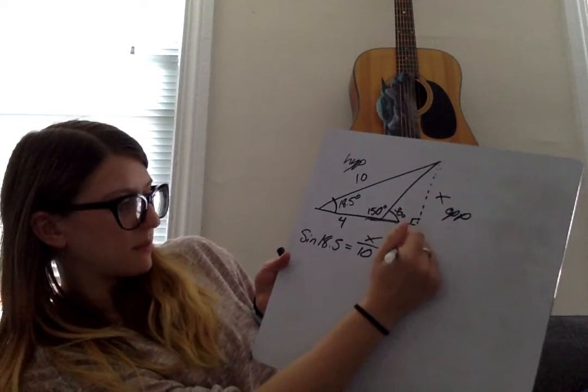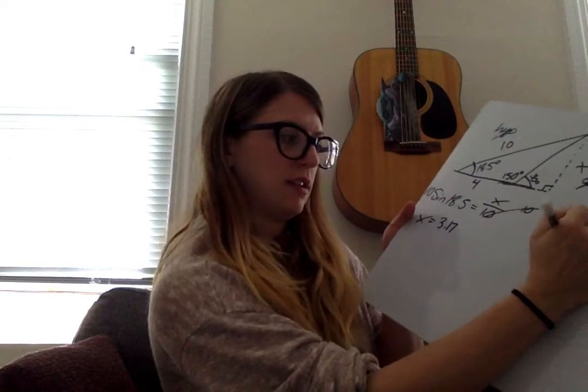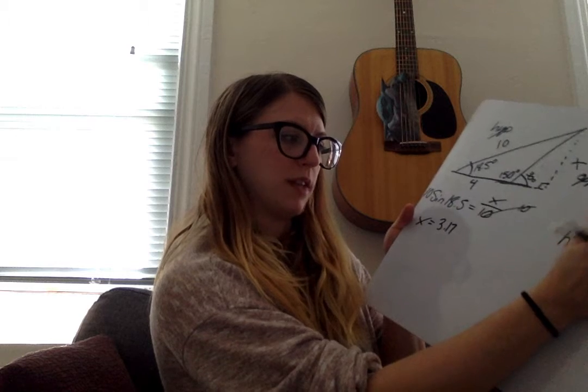You can see, times it by 10. And I get x equals 3.17 when we round. So my height is 3.17.